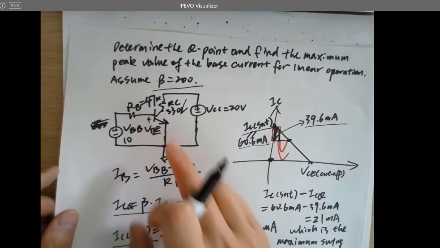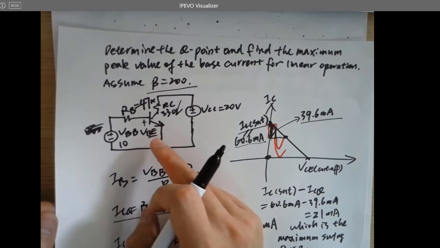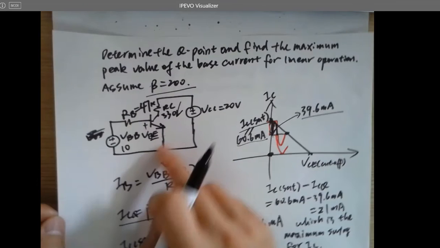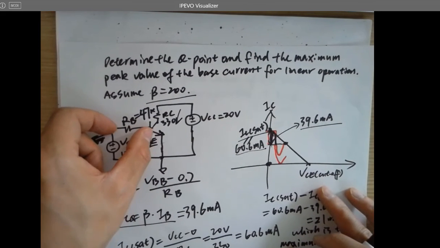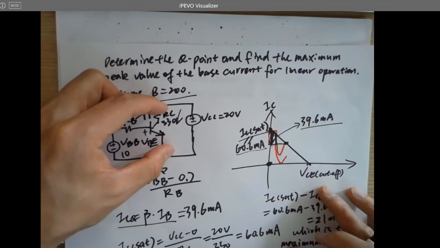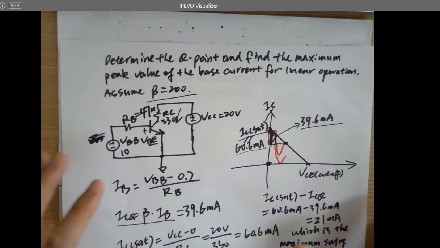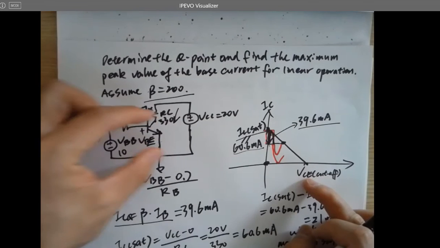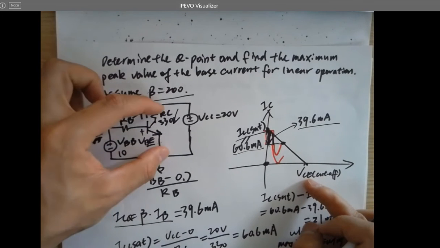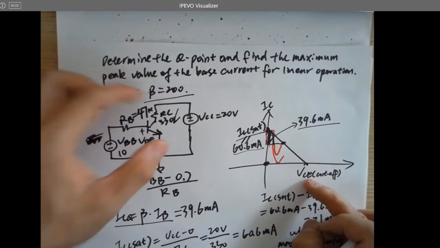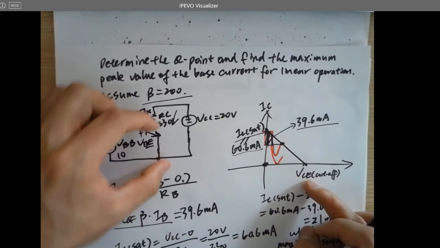If it just asks you to find the Q point, it's pretty simple, because everything has been biased. Just use this voltage minus VB, you get IB, and IB times beta, you get IC. And the Q point is just the VCE, IB, IC, all the DC values for this NPN. Actually, if you know one of them, you can calculate all the other ones.